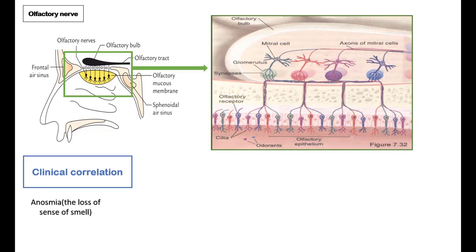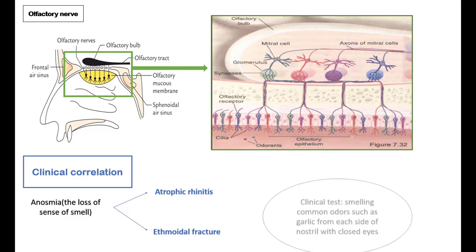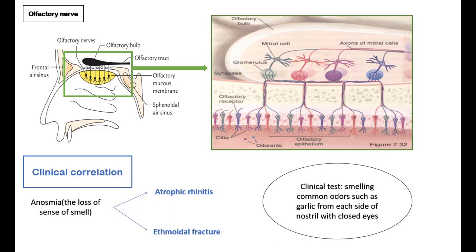Anosmia is the loss of the sense of smell, and it can be because of two important disorders such as atrophic rhinitis and ethmoidal fractures. The clinical test for assessment of the olfactory nerve is smelling common odors such as garlic from each side of the nostril with closed eyes.